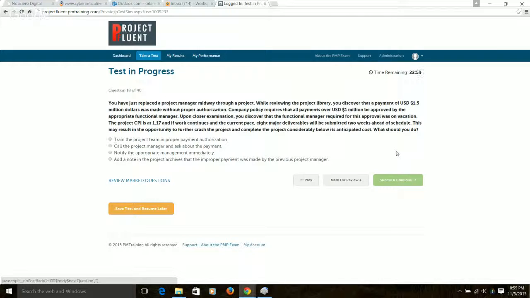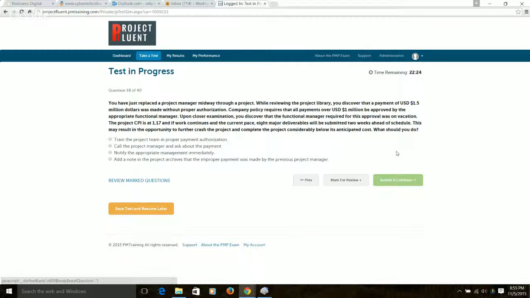Okay. This is a scenario question. These are the ones that we gotta take a look at. You have just replaced a project manager midway through a project. While reviewing the project library, you discovered that a payment of $1.5 million was made without proper authorization.